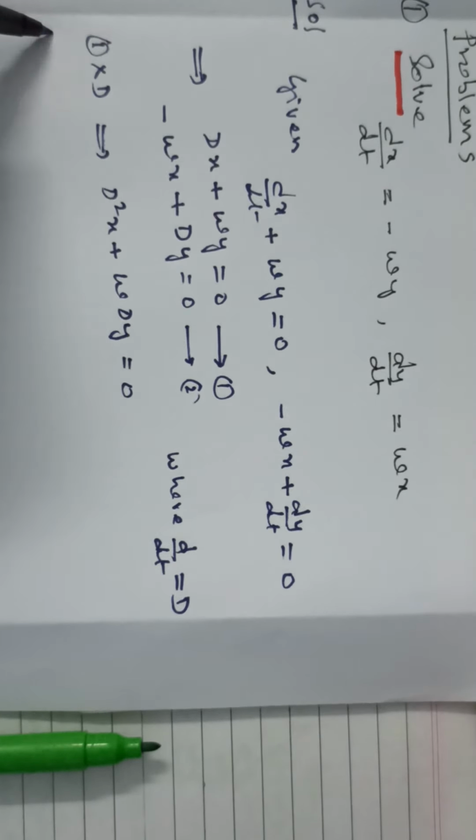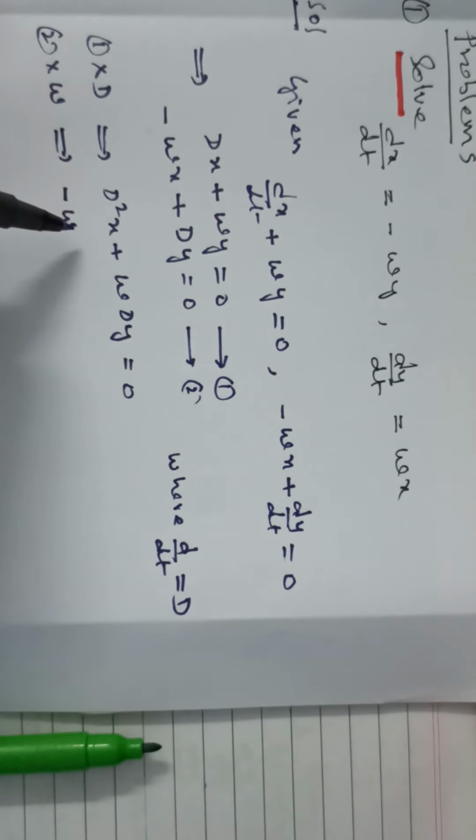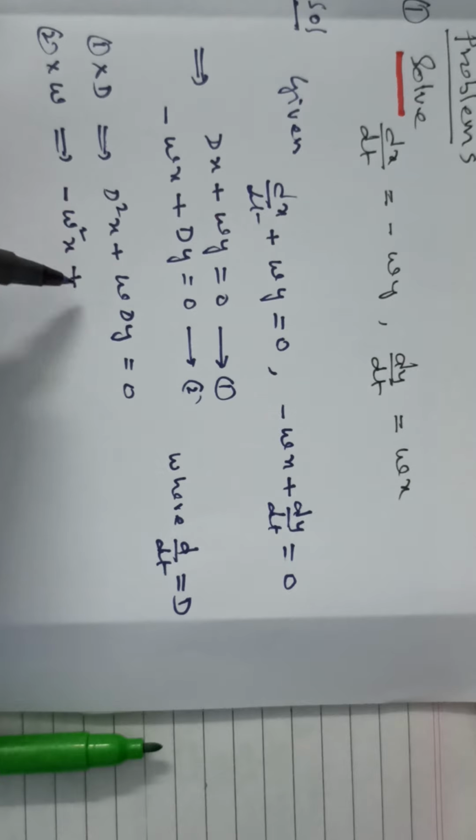Next, second equation, 2 into omega implies minus omega square x plus omega Dy is equal to 0.